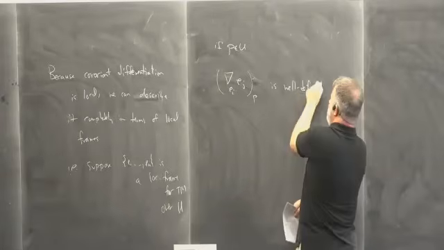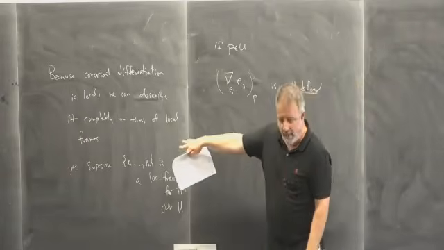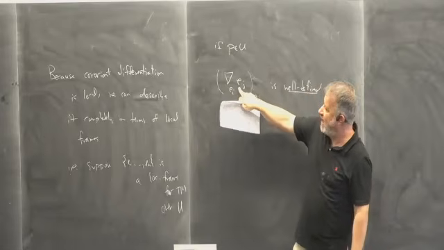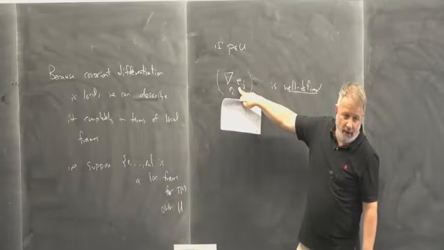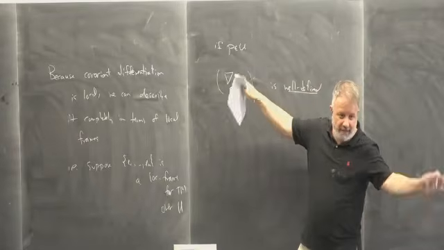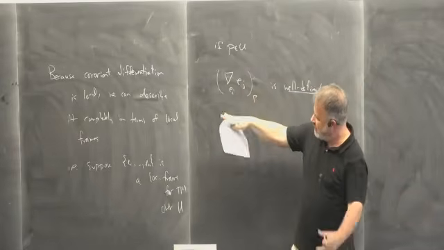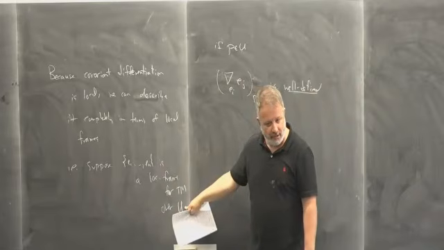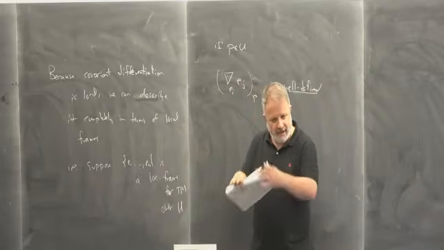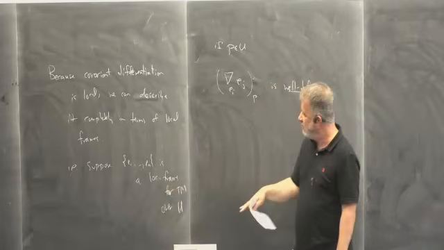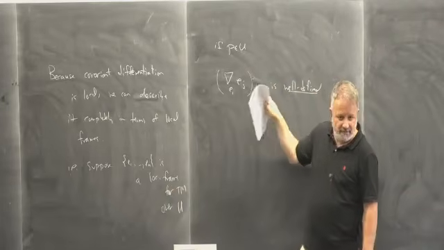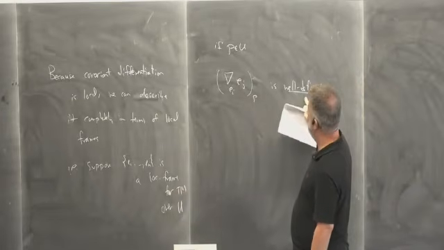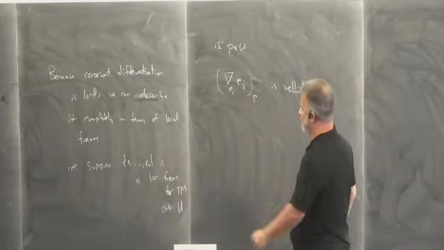So in other words, it's one of these facts I wrote down without proof. If it makes you happier, you can extend these to all of M in any way you want using smooth cutoff functions, extend them by 0. Like choose some smaller open set contained in U, which is a neighborhood of P that has closure contained in U, and then cut it off to 0 outside and extend it by 0. And then you can define this with global vector fields, okay? But the point is, we don't need to do that because connections are local.